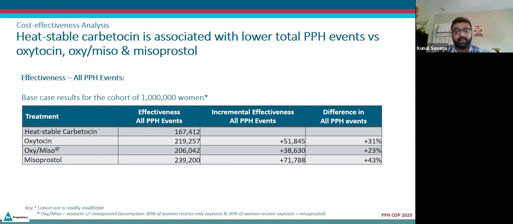And the difference is essentially the additional events: you can subtract all PPH events associated with oxytocin by heat stable carbetocin, and you'll get the 51,845 additional all PPH events. Similarly, it goes the same for oxymeso and misoprostol. So these are all PPH events, not the dollar amount. That was shown in the total cost slide.